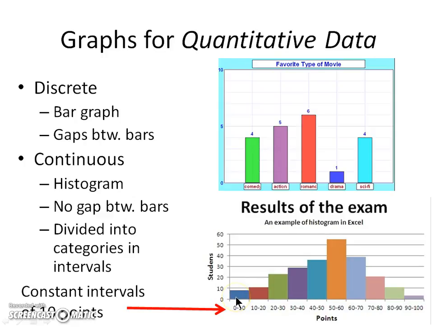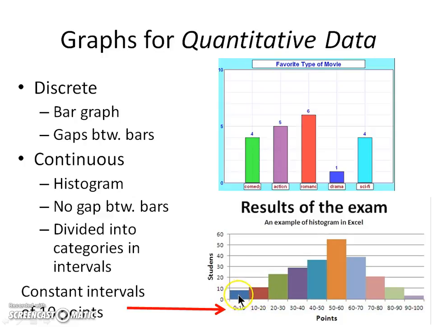When we are reading a histogram, the upper bound is not included. So if a student has a score of 10 points, that student would fall under the red category. Everybody in the blue category could have 0 all the way up to 9, 9.9 or 9.99, but not 10. 10 starts from here.